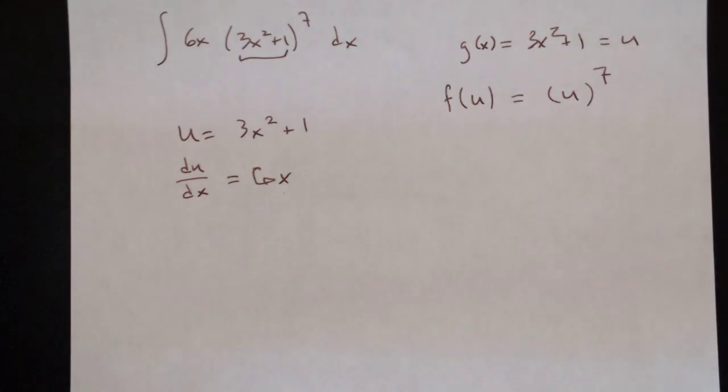How does this help? Chapter 3, section 10. Differentials. I'm allowed to treat du and dx separately, like they're different pieces in a fraction. Take the dx from the left and move it to the right.